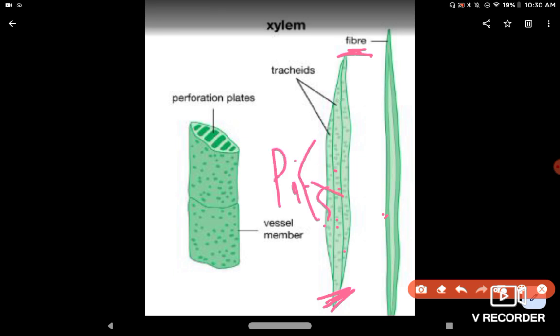Okay, pits. And then there are also some tiny dots on this, and this is the vessel of the xylem. These are also pits, these tiny dots. And then the xylem even has its own parenchyma. Okay, it has its own parenchyma.